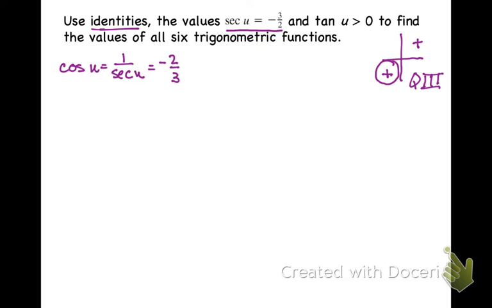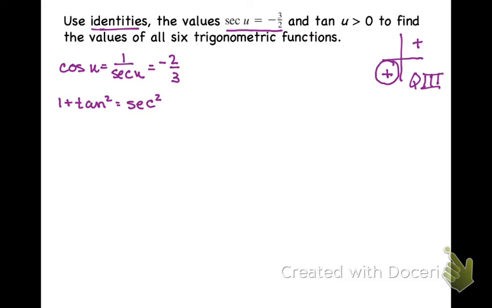Secant is 1 over cosine. Cosine in the denominator. That would be tangent, correct? So we know that 1 plus tangent squared equals secant squared, don't we?